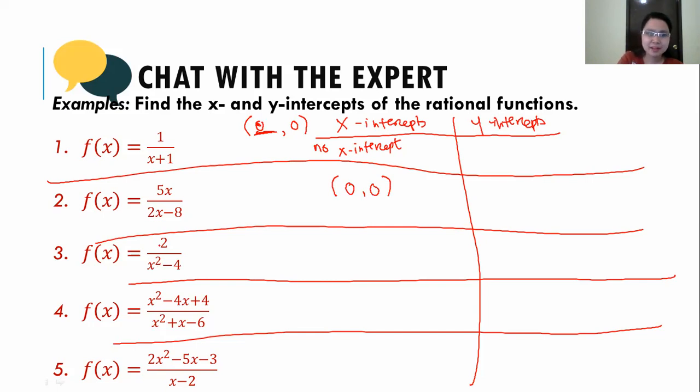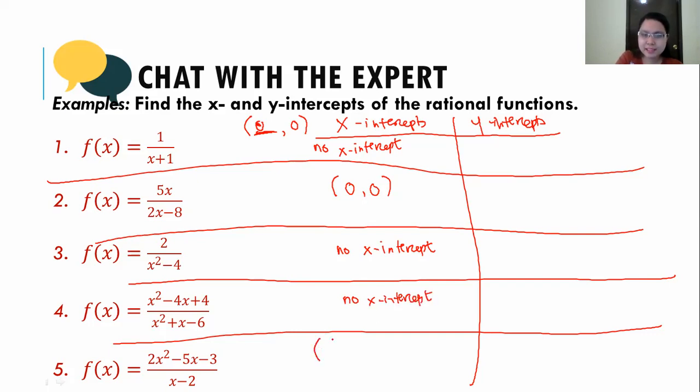The third one, based on our previous answer, there's no roots. So there's no x-intercept. In the fourth one, we only have a hole, right? So there's no x-intercept. In the last one, we have 2.